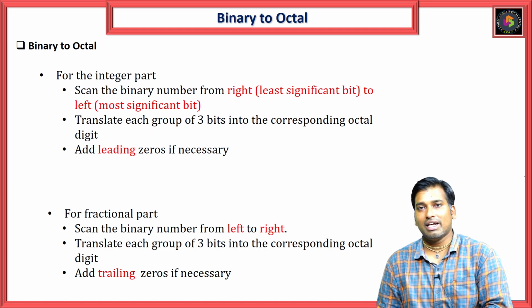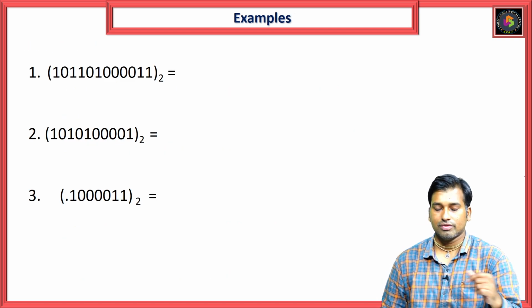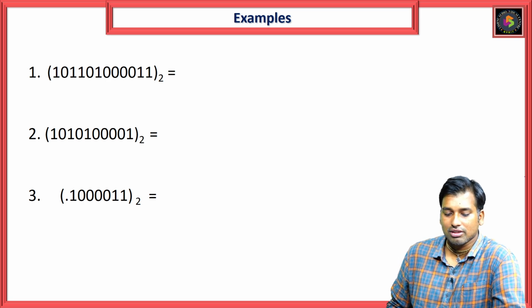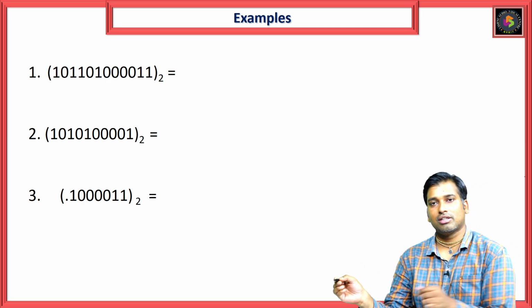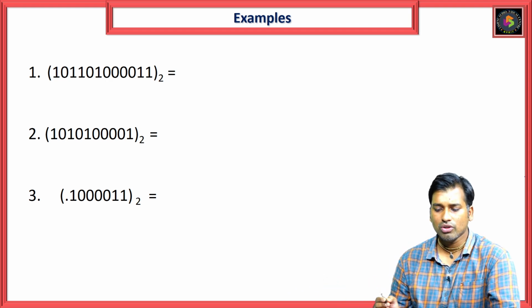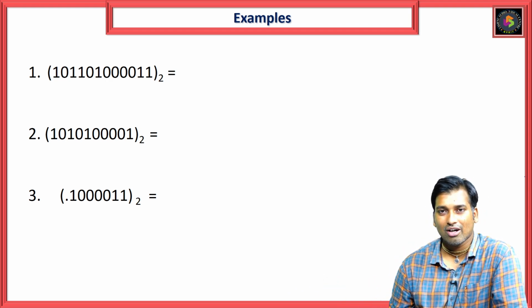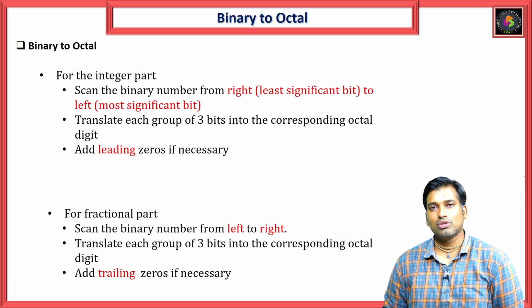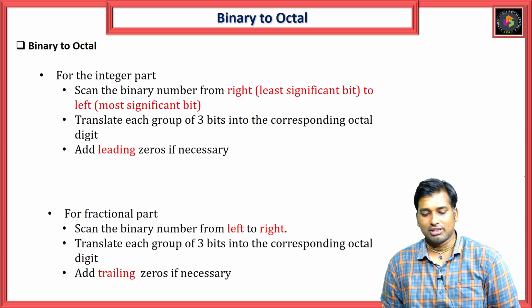So let me explain it through the examples. In the examples, we can see here, this is the integer part. Let us see through the example how we'll convert the binary number to the octal number system.